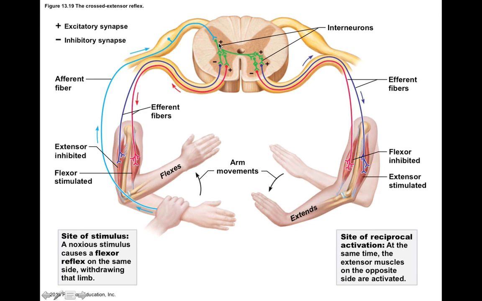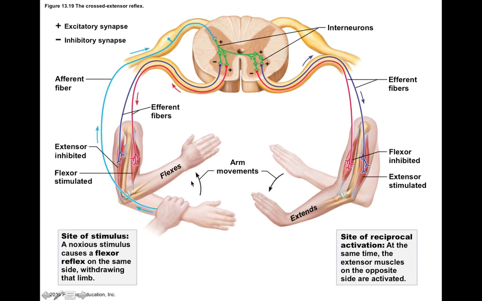Now, correspondingly, because of this other branch that crosses to the opposite side, contralaterally, we get inhibition of the flexor muscles and excitation of the extensor muscles that then causes our other arm to extend. If you can imagine this occurring on your legs, what if this was your foot that stepped on a piece of glass?